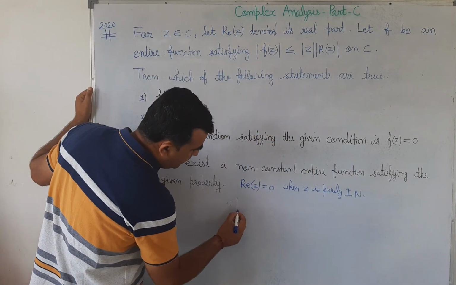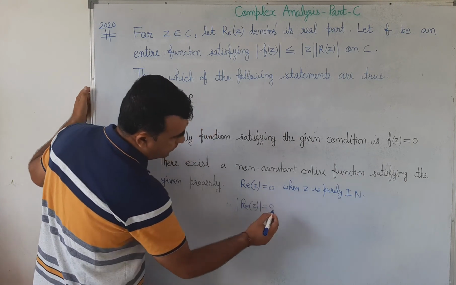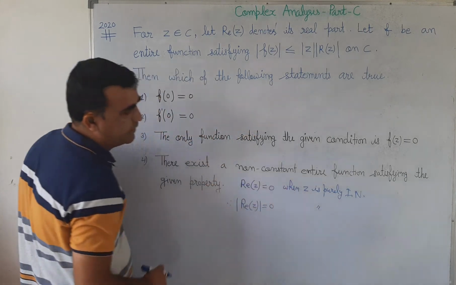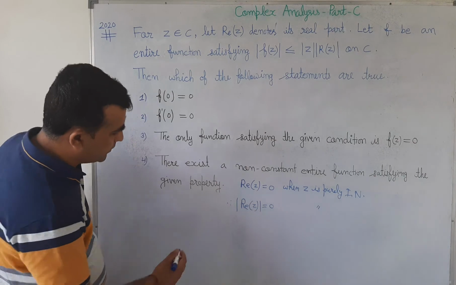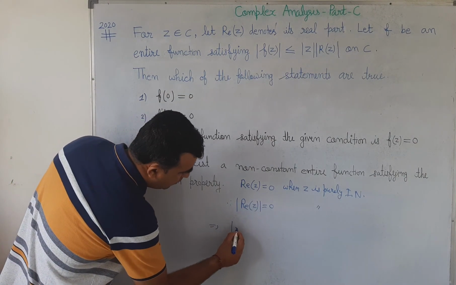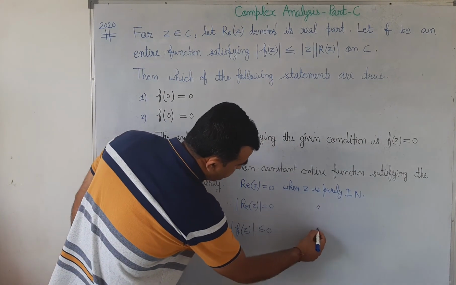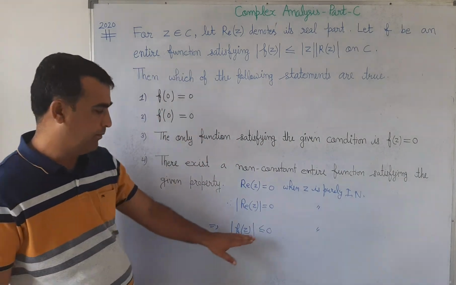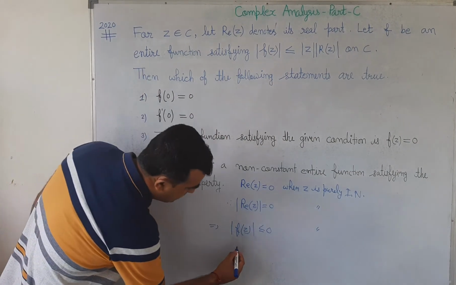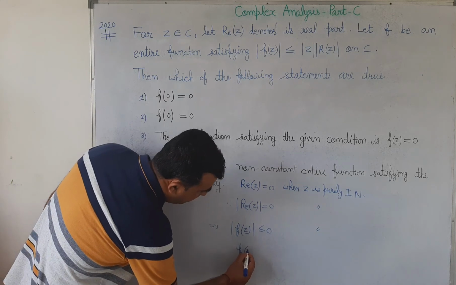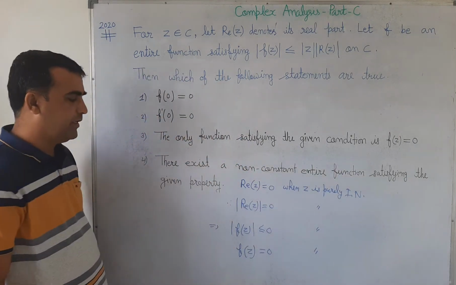Therefore, the modulus of the real part of z is equal to 0 when z is purely imaginary. From this result, this condition becomes mod of f(z) is less than or equal to 0 when z is purely imaginary. Mod of any number less than or equal to 0 means that number itself is equal to 0. So f(z) is equal to 0 when z is purely imaginary.